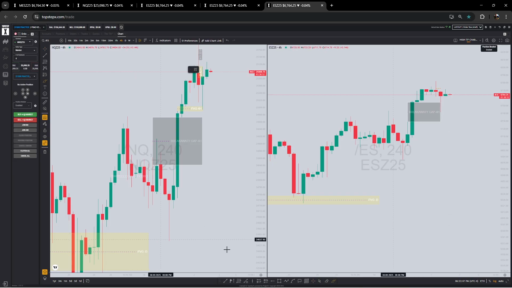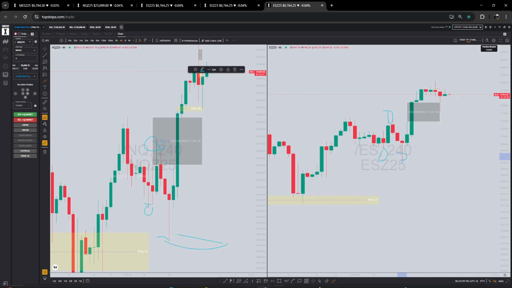We have this low right here, high, we have low, high right here, lower low, this displacement up. We have this low, high, lower low, this displacement up. And we did this on the 4-hour time frame.